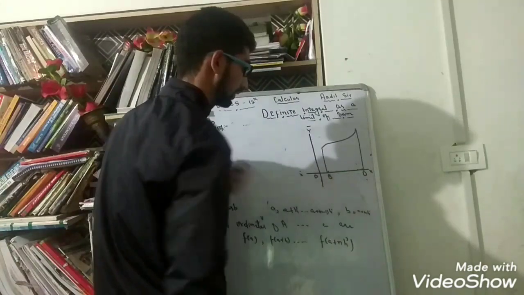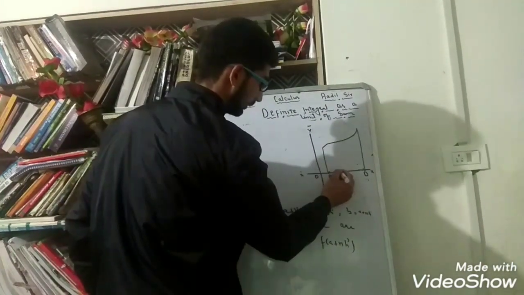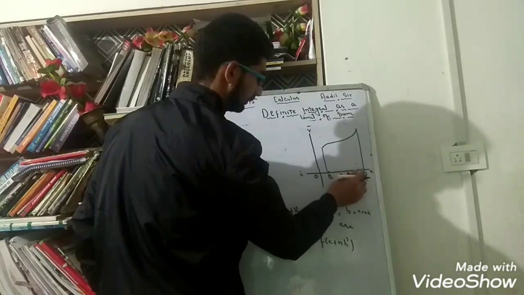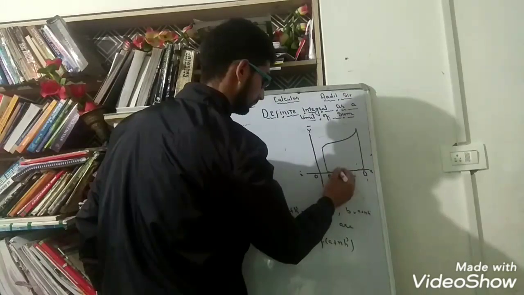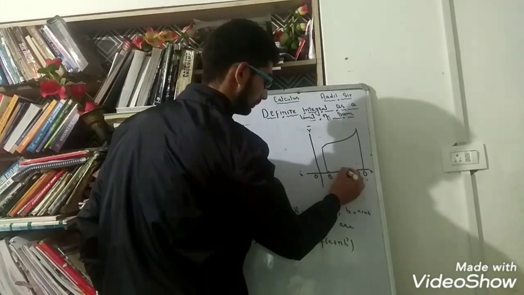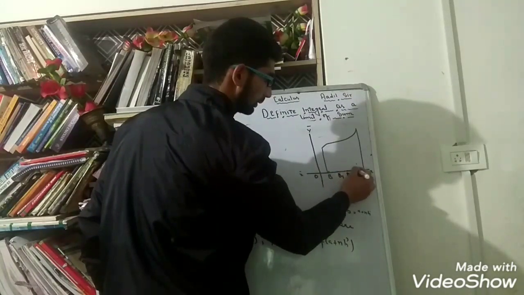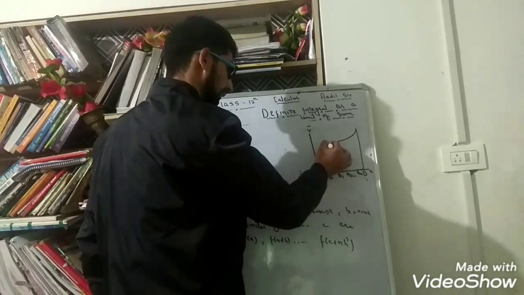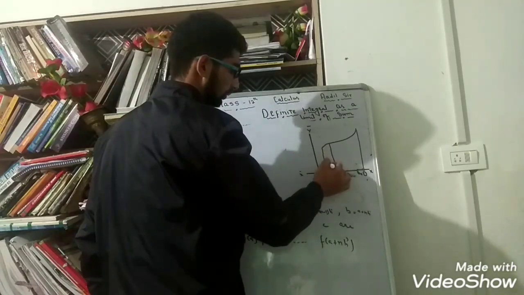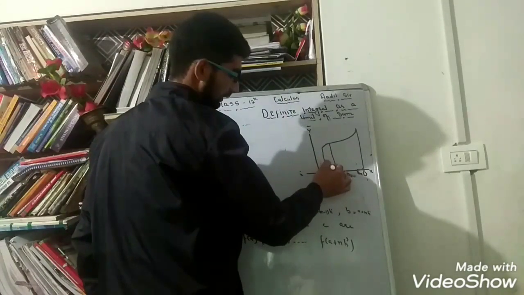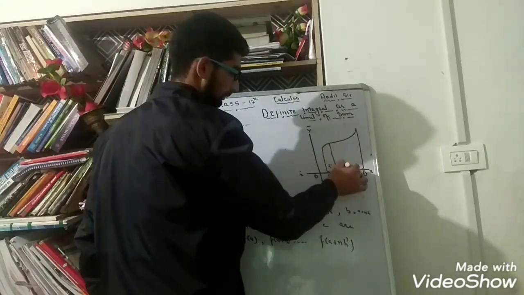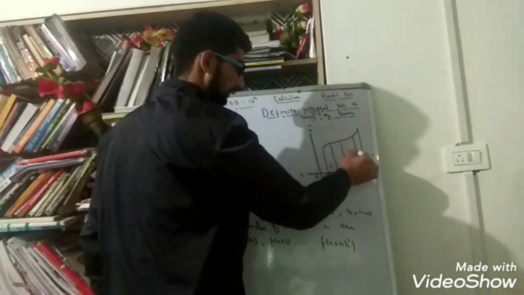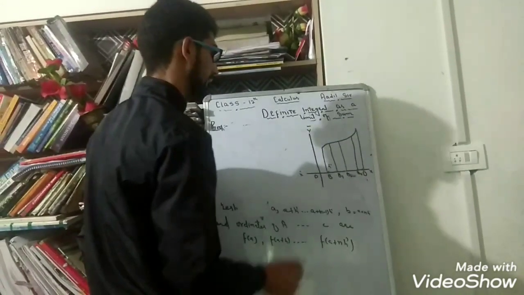I am dividing this distance into n equal parts. So I will take here B1, this B2, and so on up to this Bn. And we know that the distance of each part we are taking is h.